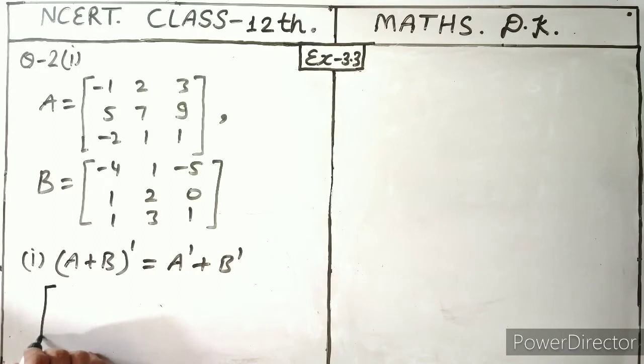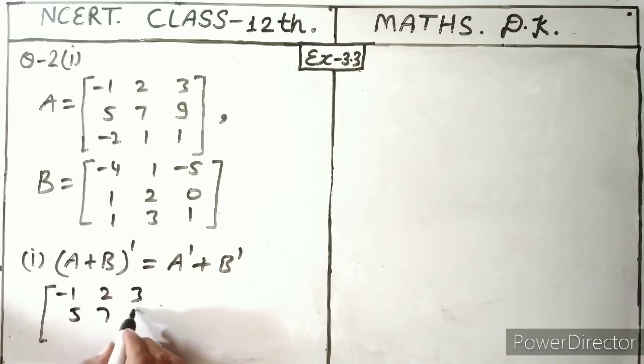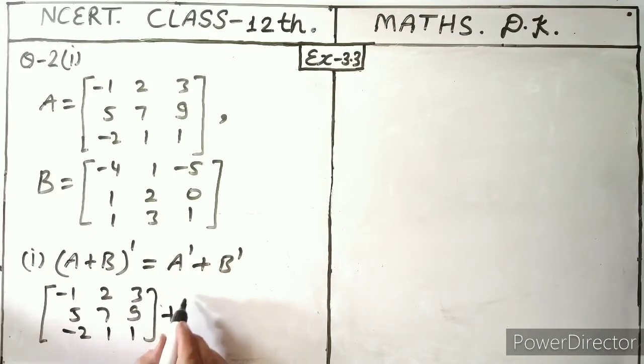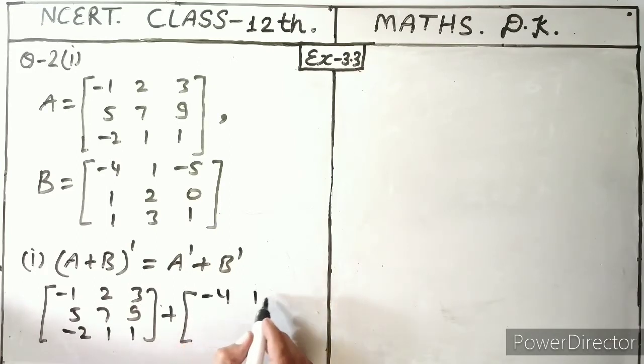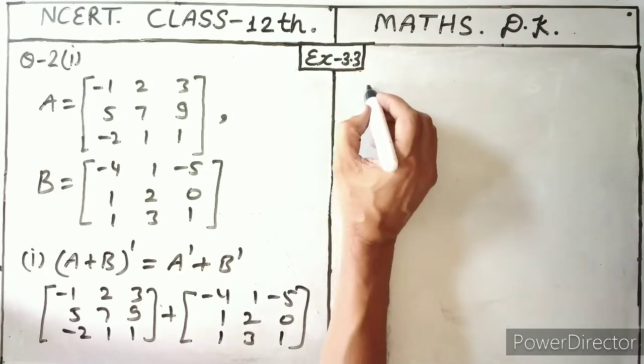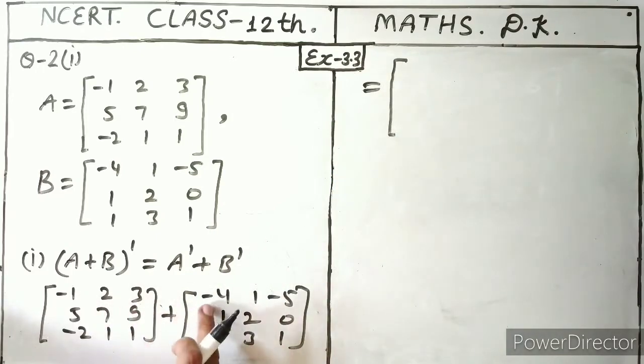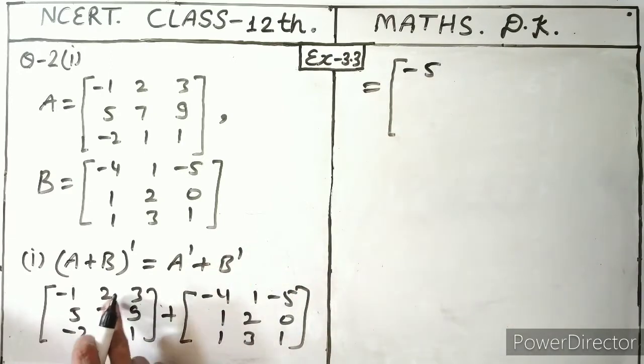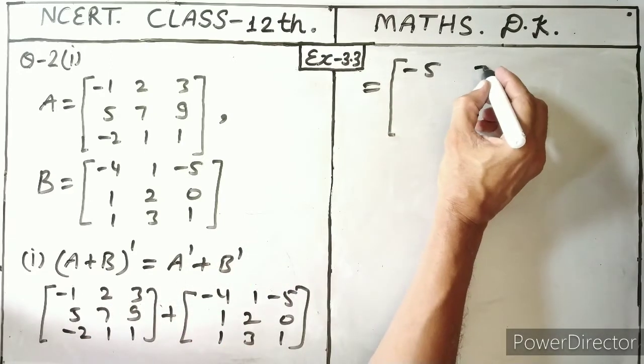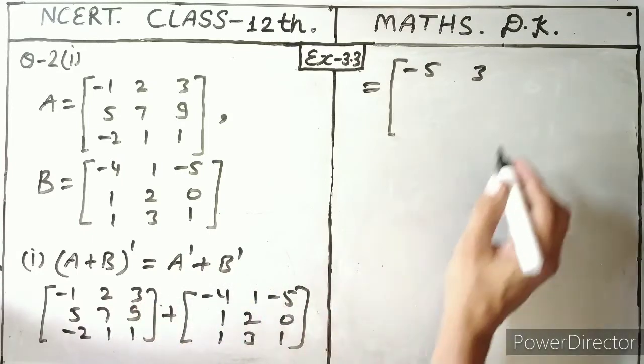तो हम क्या करेंगे, at first we add both the matrices. A matrix is -1 2 3, 5 7 9, -2 1 1 plus B matrix. B matrix is -4 1 -5, 1 2 0, 1 3 1, and we have addition of these two matrices.